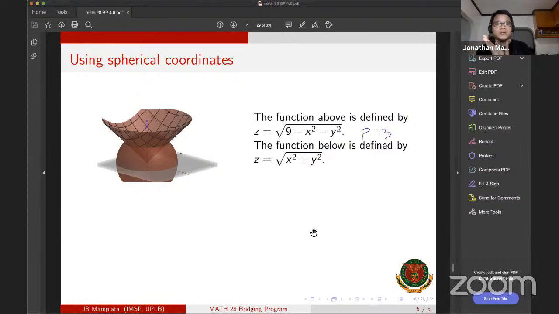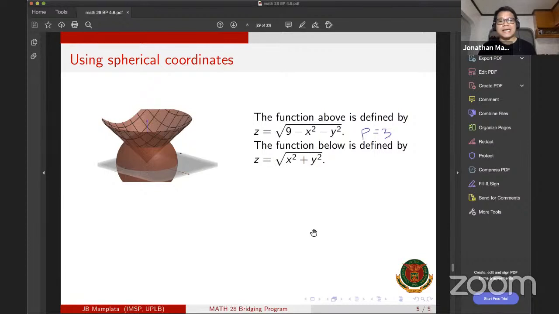Okay? So, take note, kahit nasaan ka mang part ng cone, the angle formed by that positive z-axis with the cone is constant. And that constant is given by pi over 4. Okay? You can also determine that by substituting the equations you have for z, x, and y.